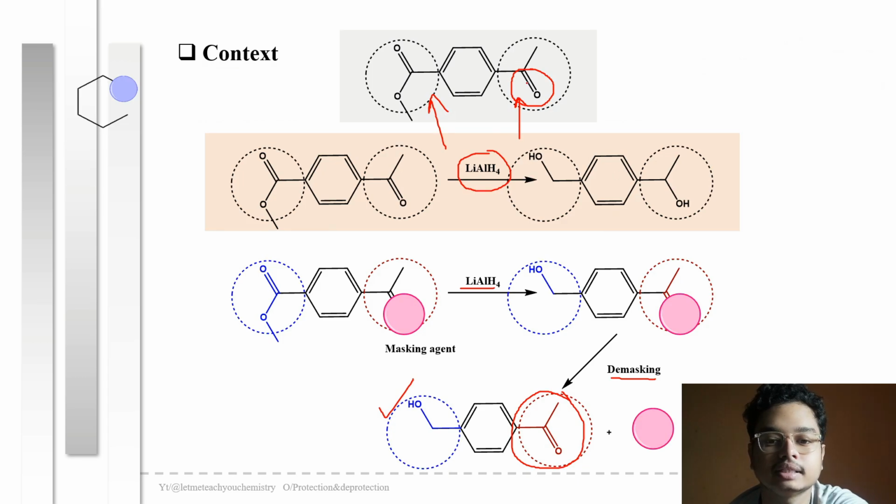Like in our previous example, our interested functional group is the ester part, and the carbonyl part is not of interest. So we introduce a temporary masking agent to protect this carbonyl group, which prevents the carbonyl group from undergoing reaction with lithium aluminum hydride. And after demasking, we get this group back.